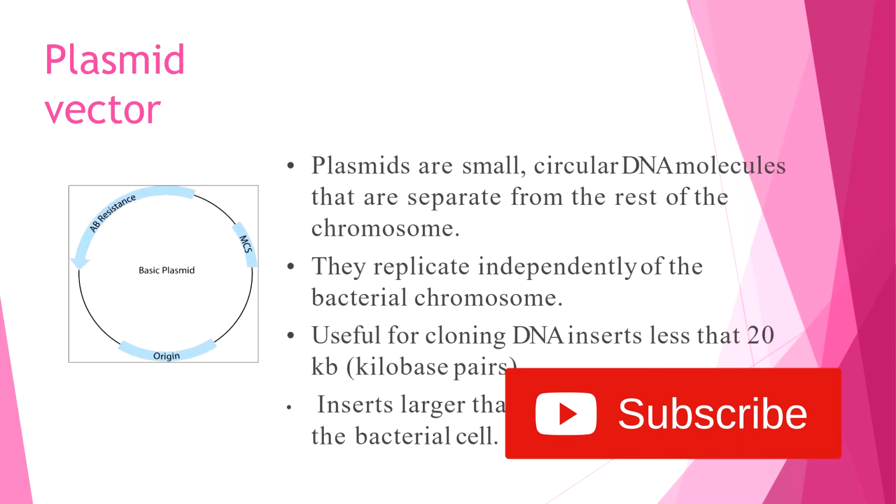These plasmids have the ability to self-replicate without depending on the bacterial chromosome. These are useful for cloning DNA inserts of less than 20 kb, and inserts larger than 20 kb are easily lost in the bacterial cells. So we can insert only small pieces of DNA, up to around 20 kb. So that is about the plasmid vectors.